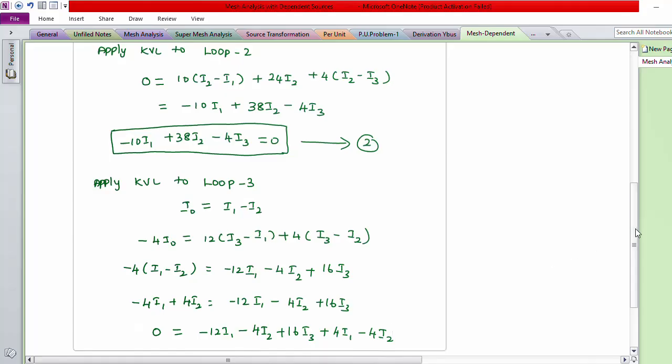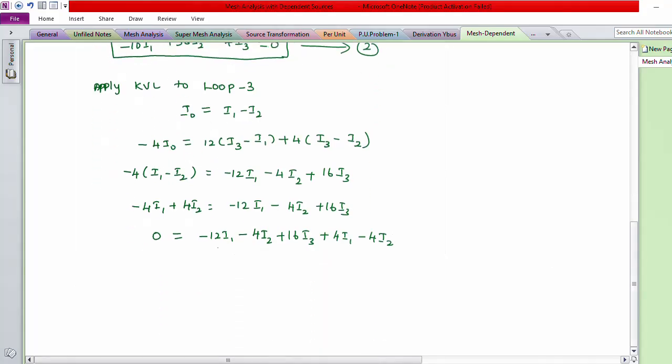We can simplify this equation and get minus 8 I1 minus 8 I2 plus 16 I3 equal to 0. Take this as equation number 3.